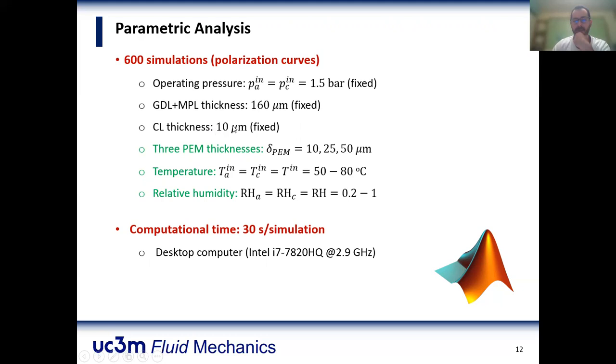The catalyst layer thickness is fixed to 10 microns, but then we consider different thicknesses of the membrane: 10, 25, and 50 microns. We explore this plane, with temperature ranging from 50 to 80 degrees Celsius and relative humidity varying between 0.2 and 1. We combine these to see the effect of temperature and relative humidity.